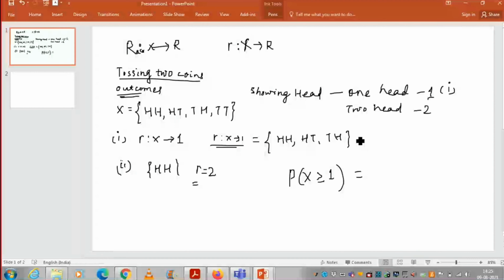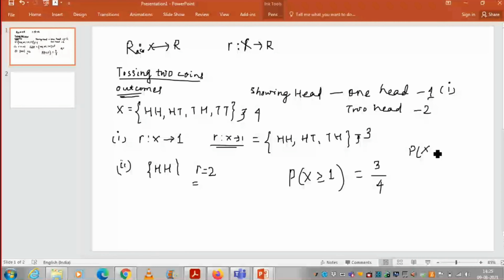Here it is 3 and the total is 4. The cardinality of X is 4, so it will be 3 by 4 that we are getting.